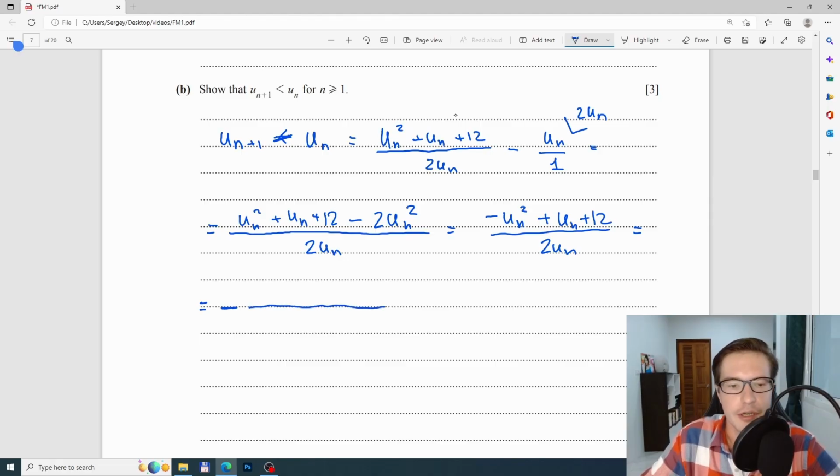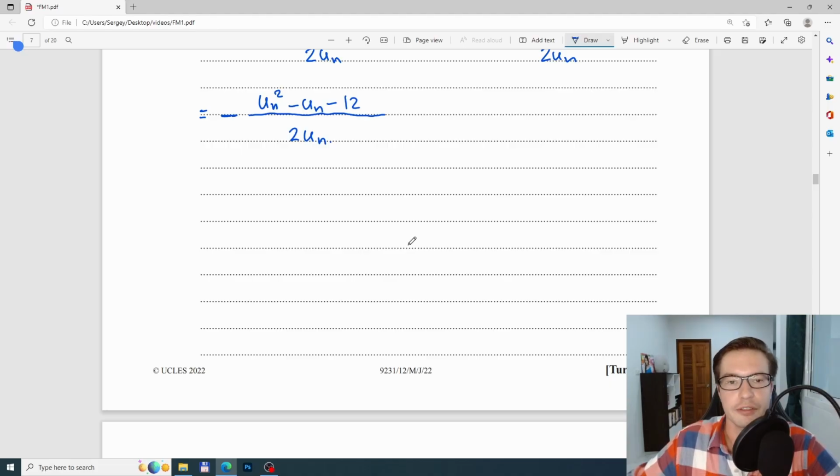And we'll get un squared minus un minus 12 over 2un. And same as before, I will try to factorize the top. Two brackets, un and another un.